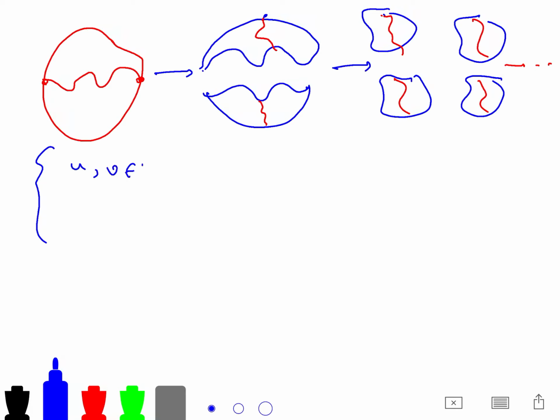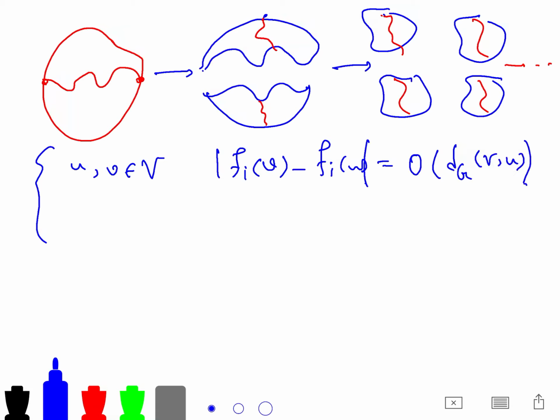So this guarantees that, considering u and v in V, we want to guarantee that for every coordinate the following holds. If this guarantee holds, then we are done and our embedding has a very small distortion. The first one is the Lipschitz condition.